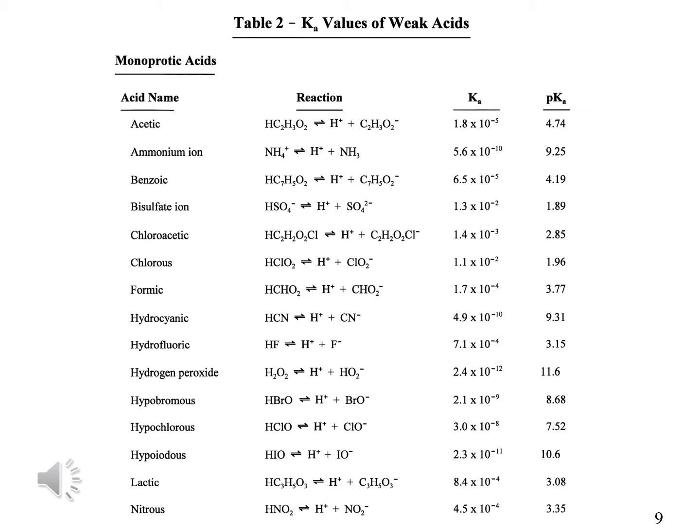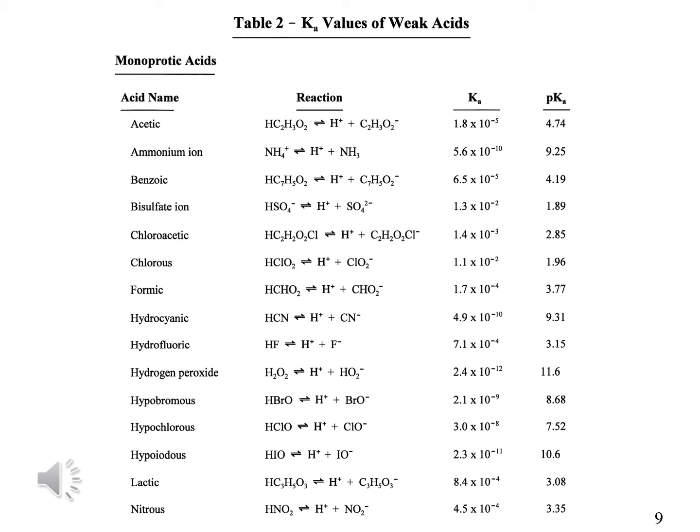If you look at the table again on pages 9 and 10, it has Ka values listed. If you look at the numbers, they're all very small, just like the KSP values, because what are we measuring this time? You're measuring the number of ions in solution for a weak acid which doesn't have many ions.